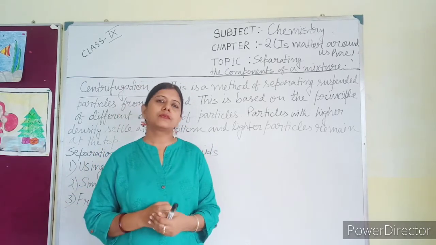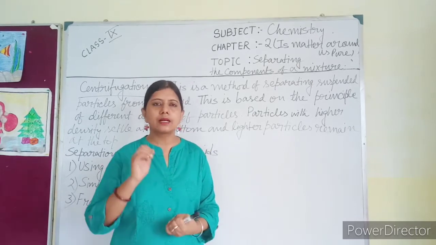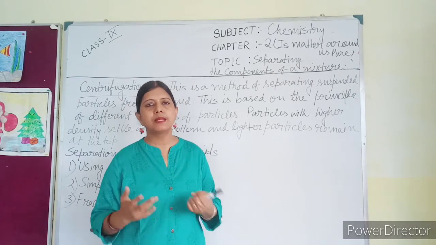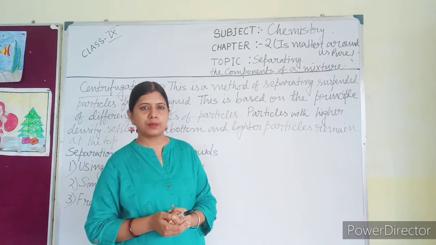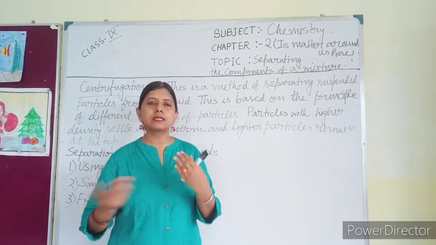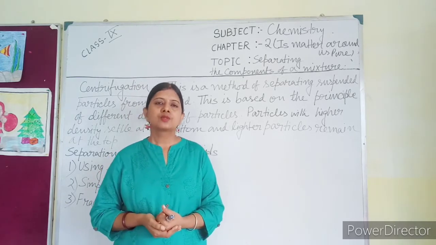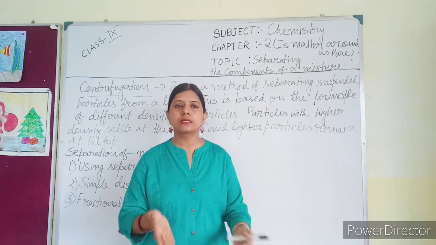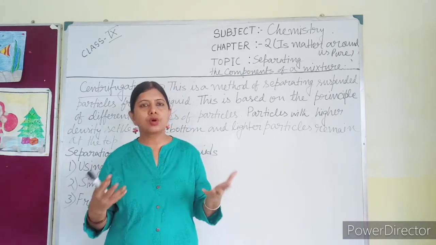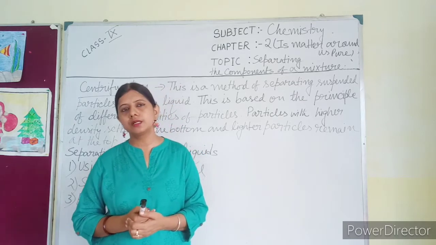Heavier particles can be settled down very easily, by sedimentation and decantation we can separate them. But lighter suspended particles remain suspended in the liquid, so it becomes very difficult to settle them. They do not want to settle down. So for that the centrifugation method is used.